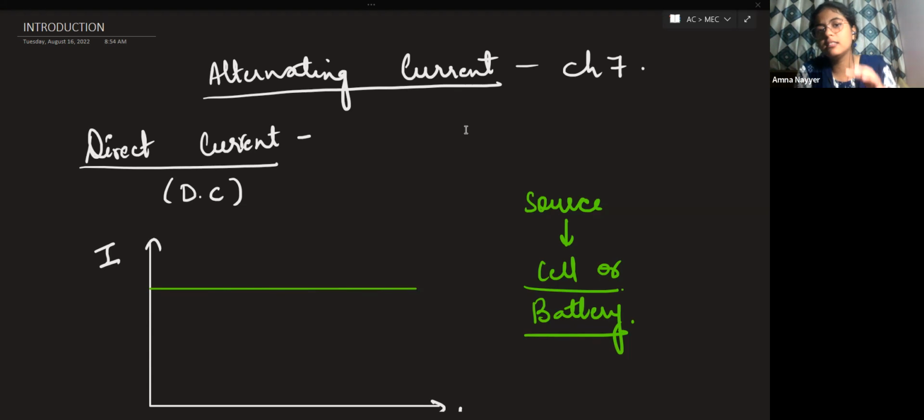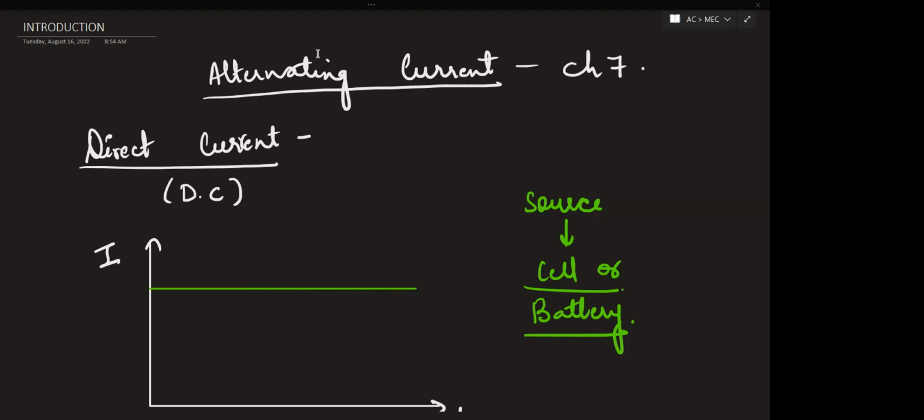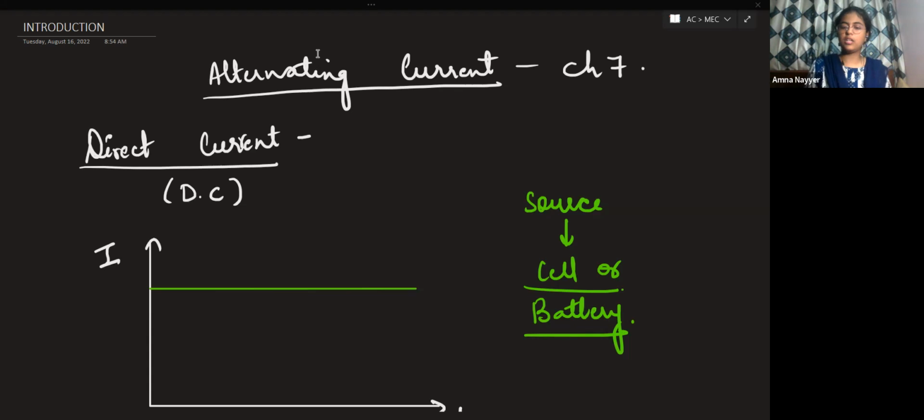Then we had seen the AC generator. Fatima, what was the principle of the AC generator? It is based on electromagnetic induction. Exactly, whatever the laws of EMI are, it is based on those.